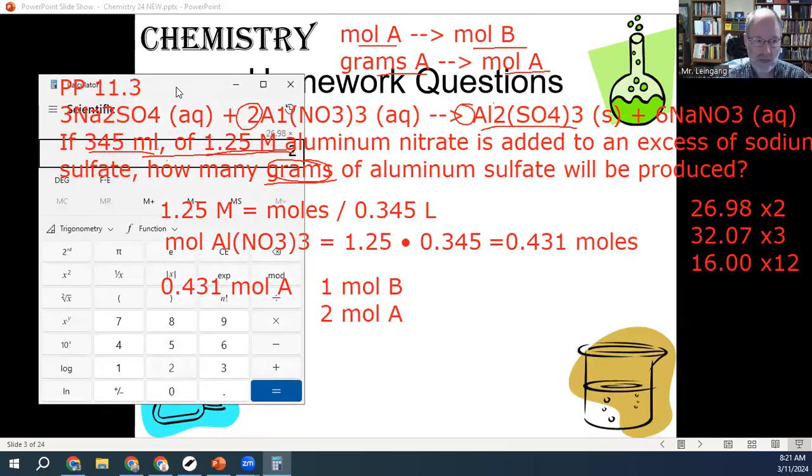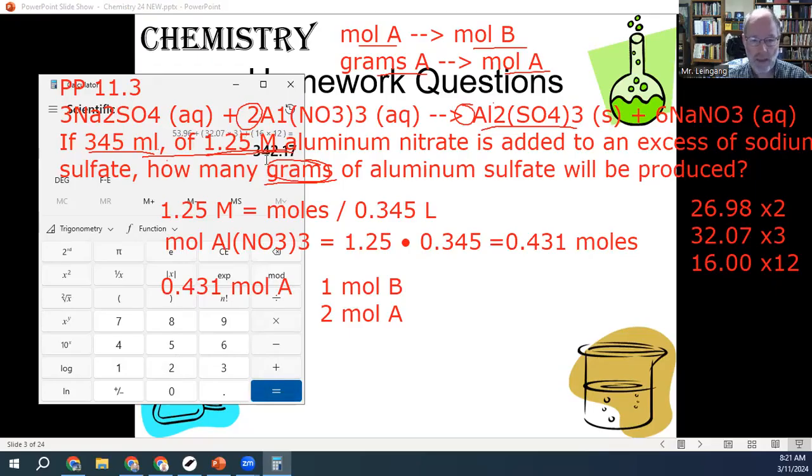26.98 times 2. I'm going to add that, and then I'm going to start using parentheses to the quantity of 32.07 times 3, end parentheses. And then I'm going to add that to the 16.00 times 12, end parentheses. And now I'm going to hit my equal sign.